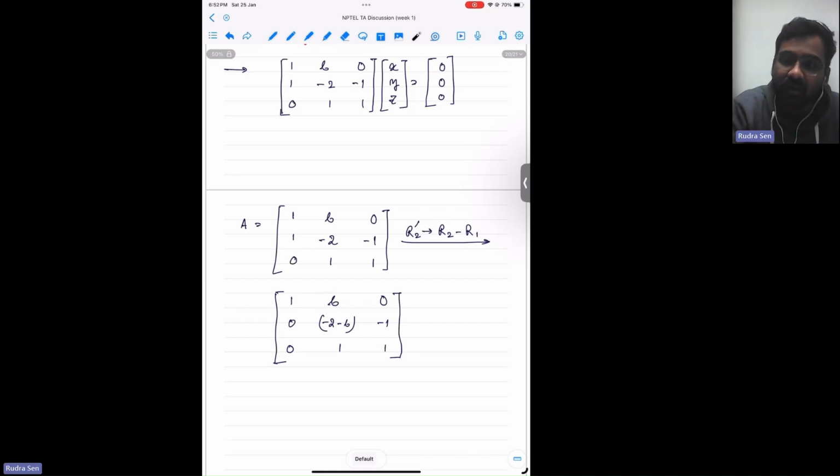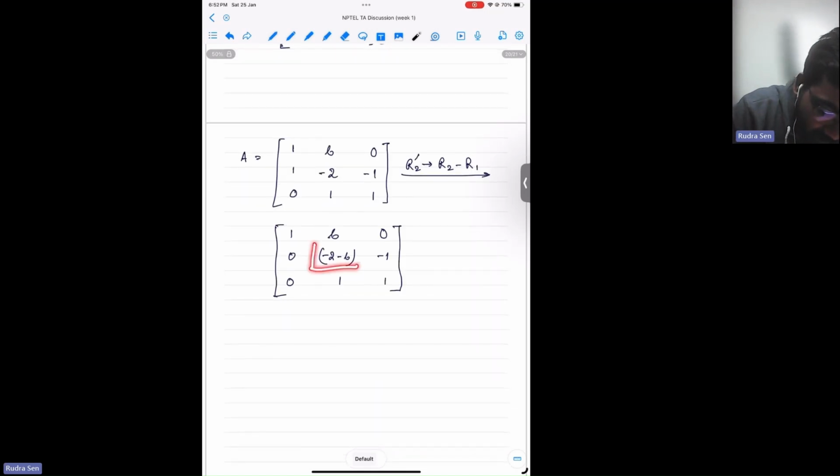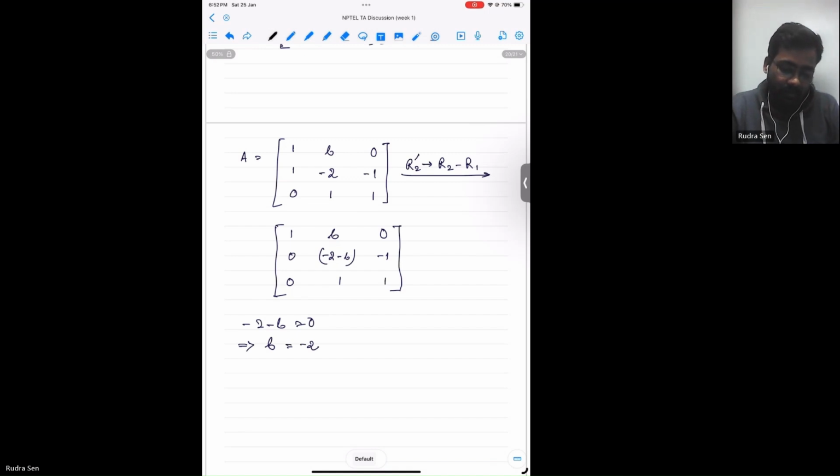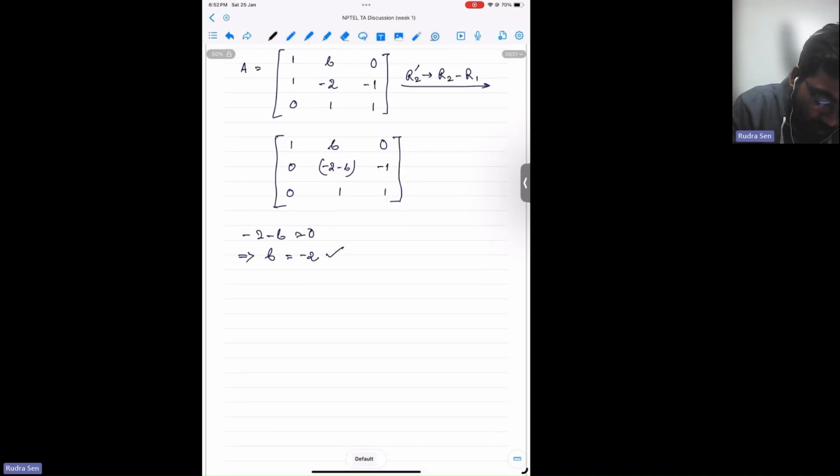This is the pivot element of the second row. If we make minus 2 minus b equal to 0, that leads to b equals minus 2. If we choose this value of b, what would the resultant matrix be?